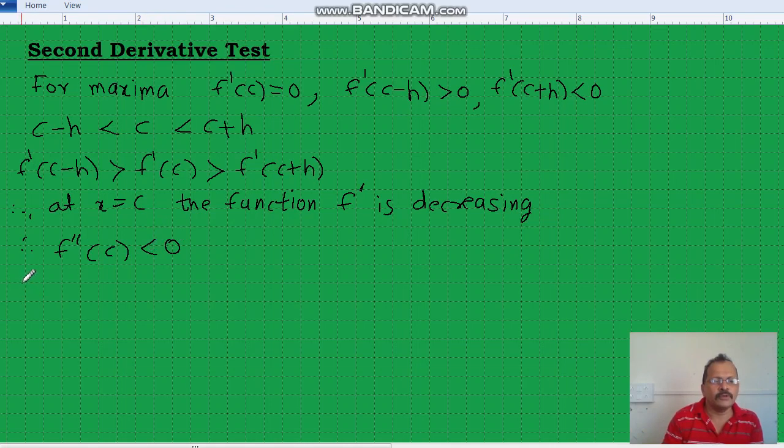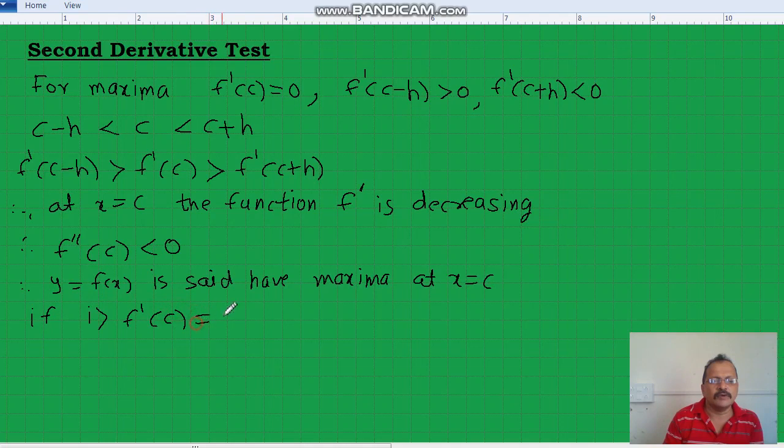And therefore, using this second derivative test, a function y equal to f(x) is said to have maxima at x equal to c if only two conditions: condition number 1, f dash c is equal to 0, and second condition, f double dash c is negative, less than 0.